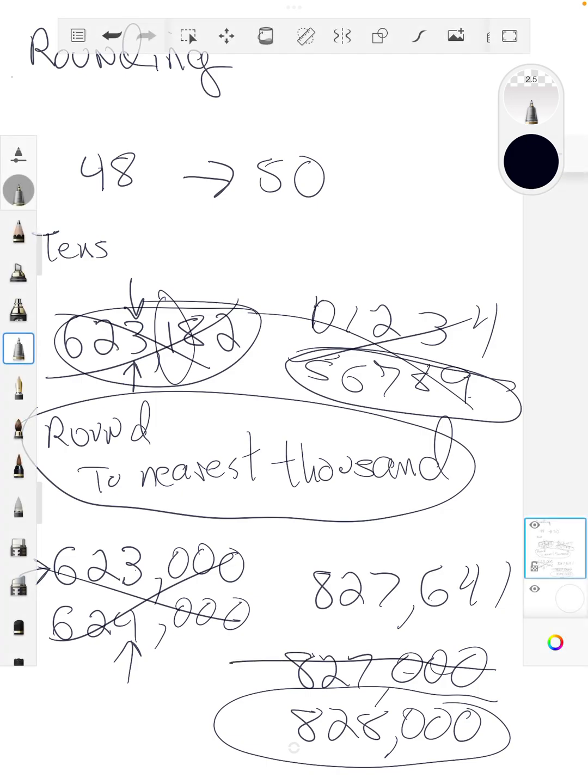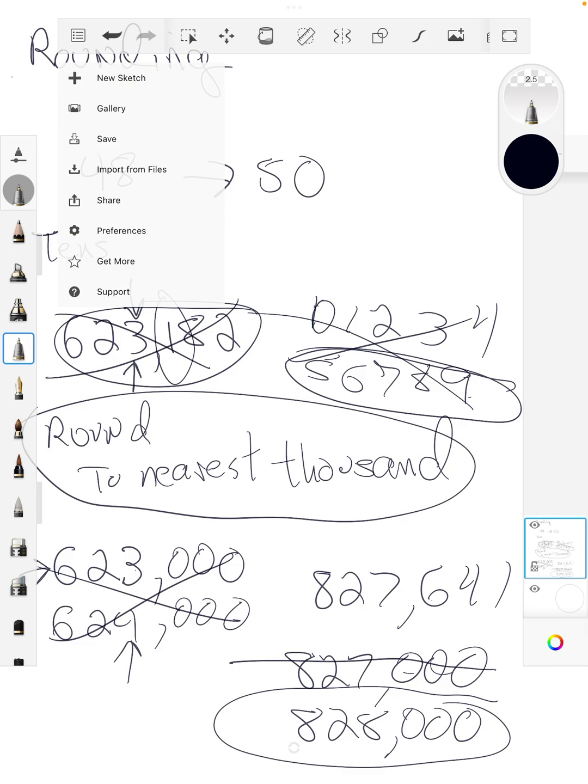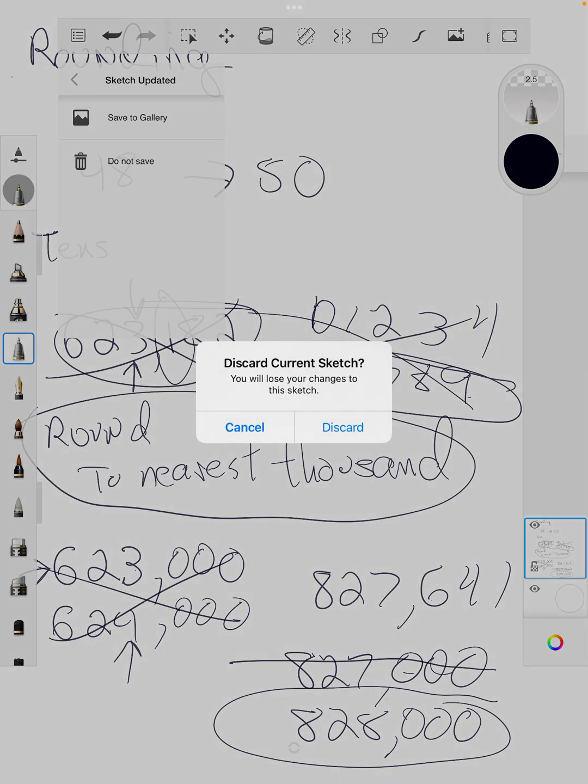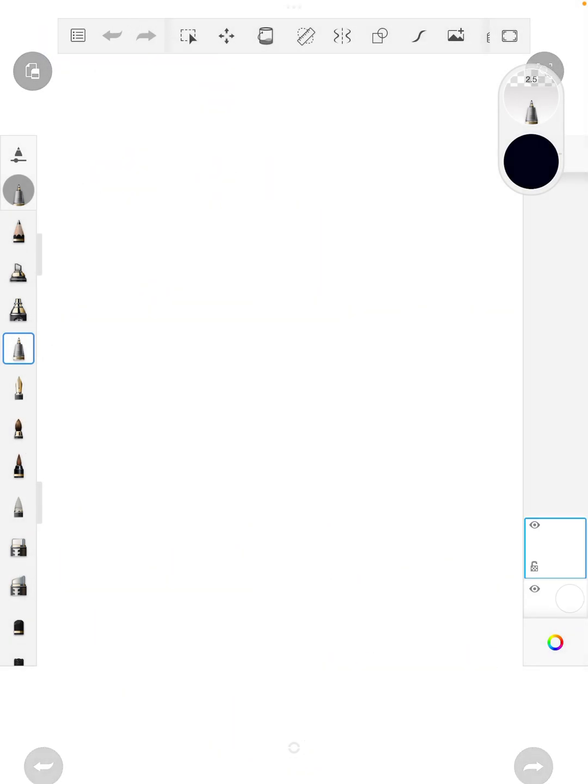Let me give you a couple more examples, and let me see if I can get faster at this. All right, so let's go, and I want you to round this to the nearest 10. And that's going to be 748.